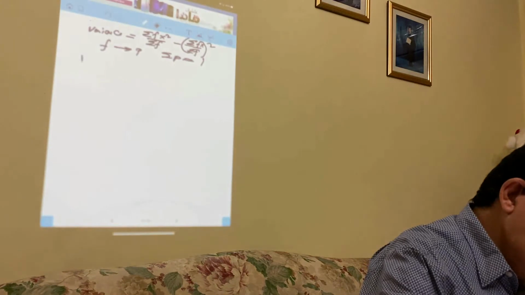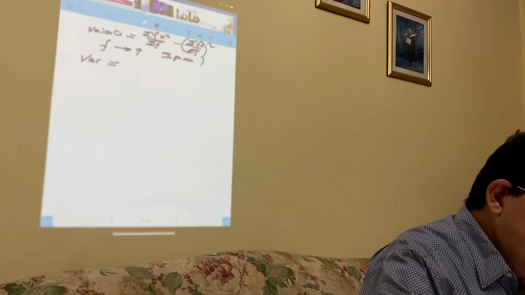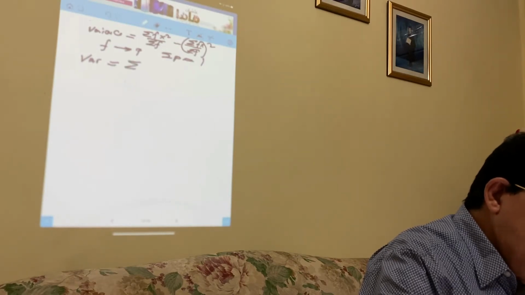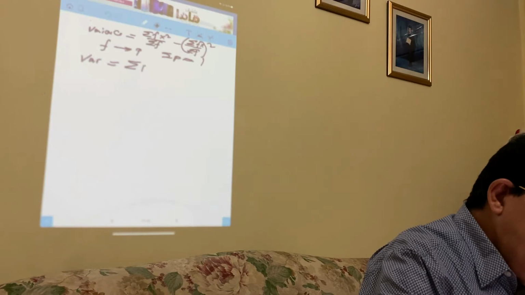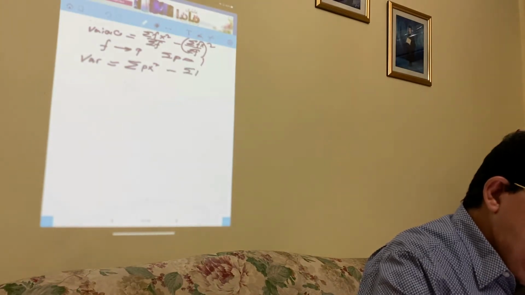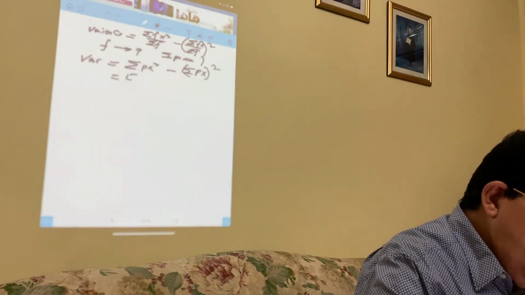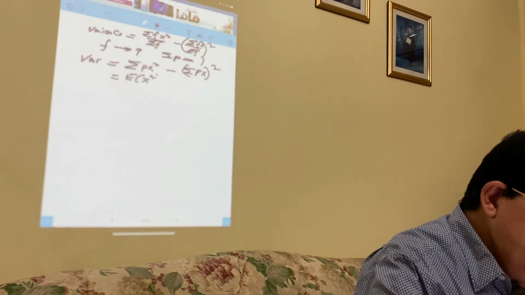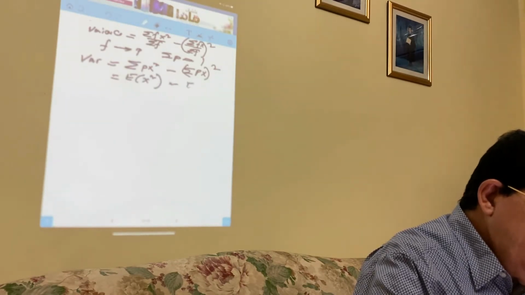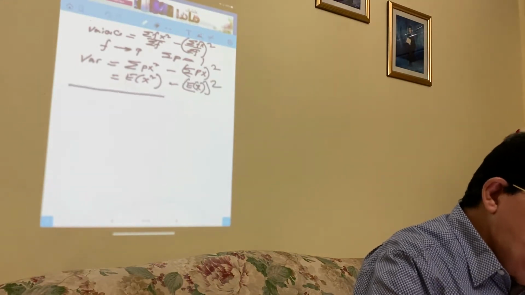Therefore, the variance would be equal to sigma x squared p minus sigma xp all squared. And this is called the expectation of x squared, and this is the expectation of x all squared. This is a proof for the rule.